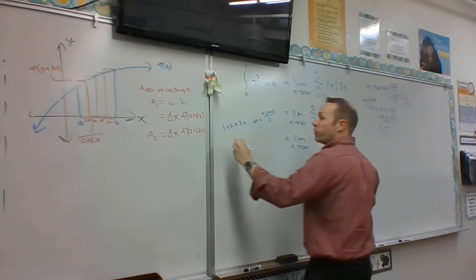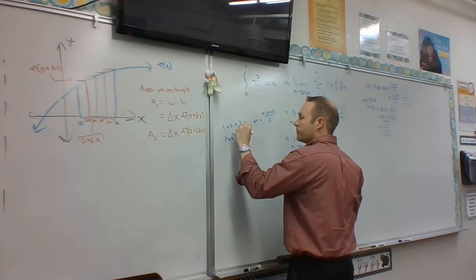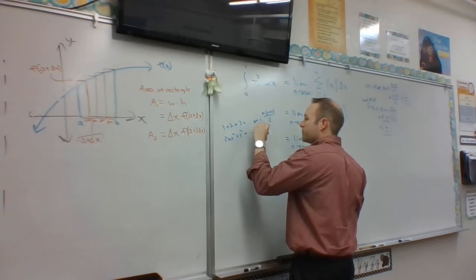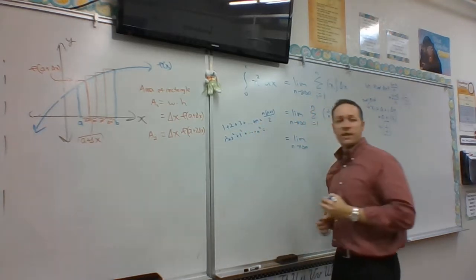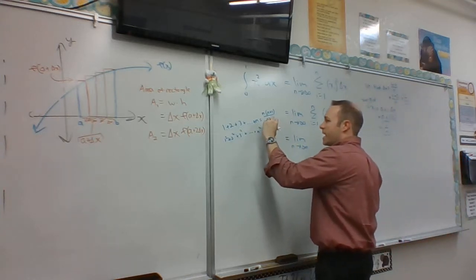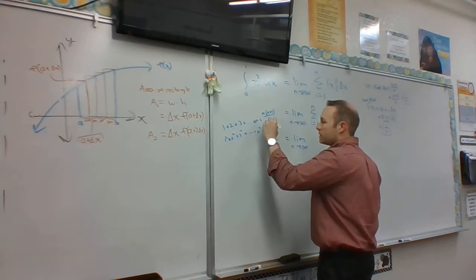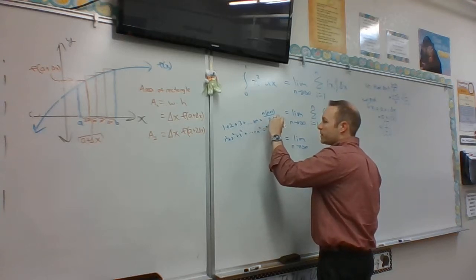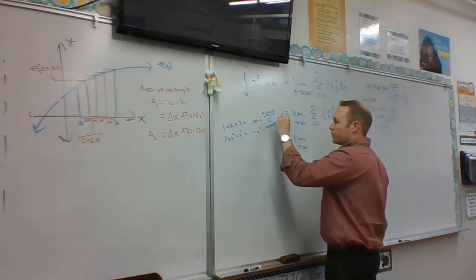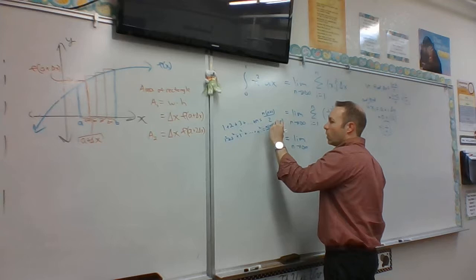Okay? There's a separate formula for 1 squared plus 2 squared plus 3 squared, those are squares, plus ... plus n squared. And it ends up being n times n plus 1 times 2n plus 1 over 6.